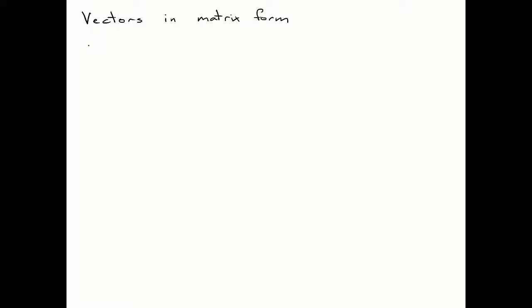So just to review, when I talk about component notation, which I also use a fair amount, what I mean is you have a vector written like this. So Vx is the x component, Vy is the y component, Vz is the z component. And x hat, y hat, and z hat are the unit vectors. So x hat is a vector of length 1 that points in the x direction.